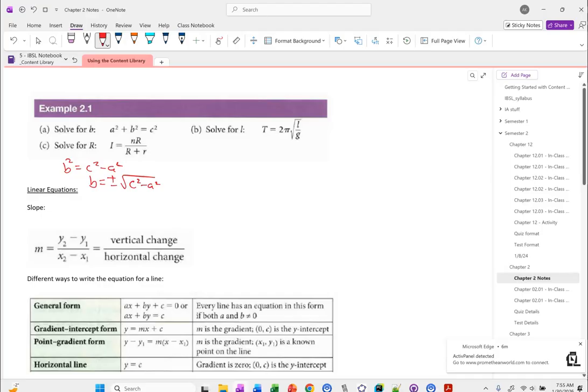What's going to be difficult about that one? If you're looking at part C and you're solving for capital R, what is going to make that problem harder than the first one we did?